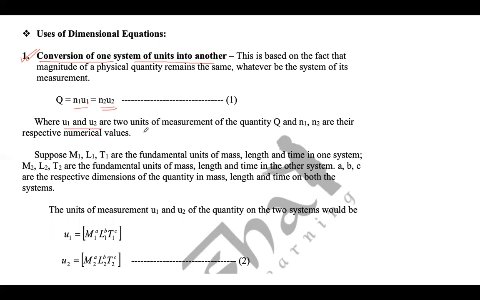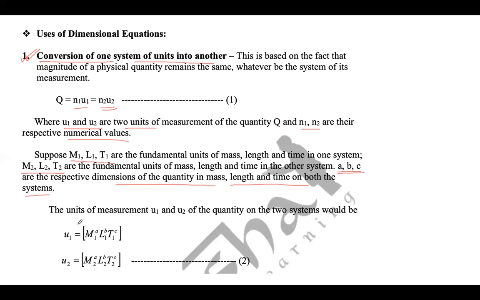So U1 and U2 are two units of measurement of quantity Q, and N1, N2 are their respective numeric values. Suppose M1, L1 and T1 are the fundamental units of mass, length and time in one system, and M2, L2, T2 are the fundamental units of mass, length and time in the other system. A, B, and C are the respective dimensions of the quantity in mass, length, and time on both the systems.